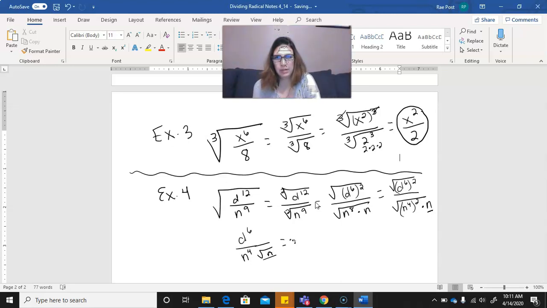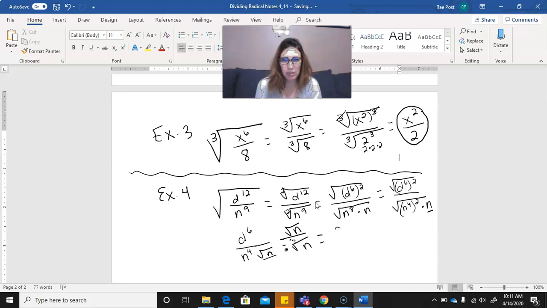Oh, goodness. All right. So let's say I multiply here by the square root of n. And I multiply the top also by the square root of n, because remember, whatever you do to the top, you have to do the bottom, or whatever you do to the bottom, you have to do to the top.